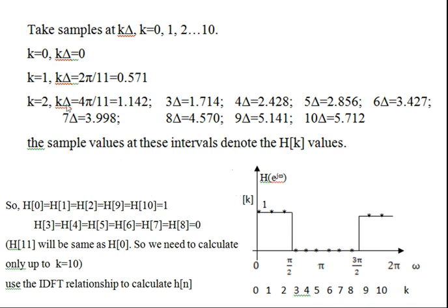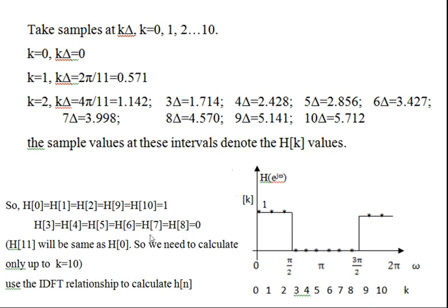Now like that we evaluate all the deltas from 0 to 10. Those will be these frequency axis points. The corresponding amplitudes you have to write as h0, h1 up to h10.